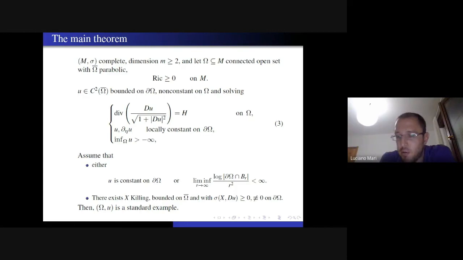This is an explicit condition because the normal derivative is prescribed. That means if the normal derivative in the outward pointing direction is positive, u goes upwards coming out, and the Killing field should go outwards to keep this derivative. So this is coherent with the standard example. It's a necessary condition to be a standard example. Under this condition, omega and the function u is a standard example.